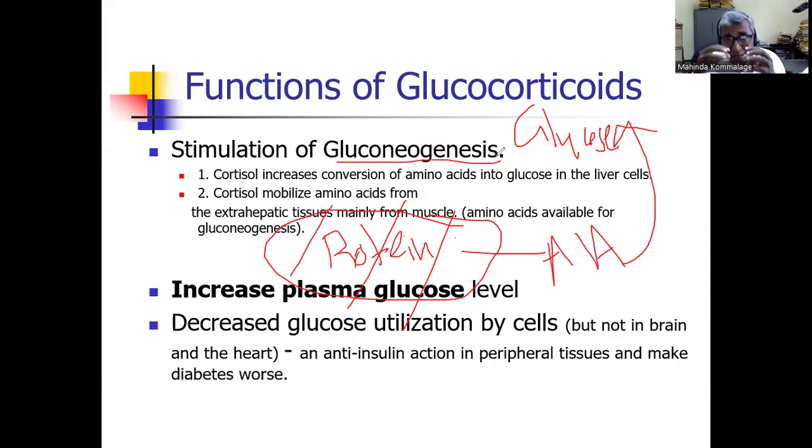So basically it increases glucose level this way, by breaking the protein and using the amino acids.